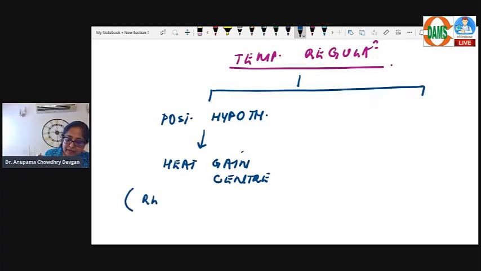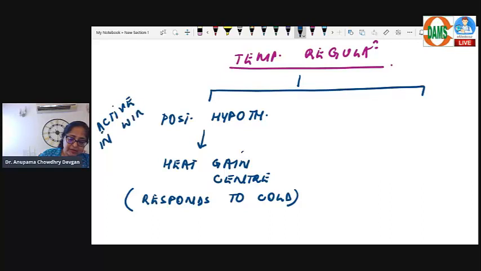It responds to cold. So this is going to be active in winters, right? The posterior hypothalamus is your heat gain center. It will be active in winters.